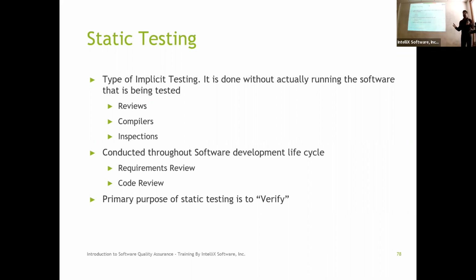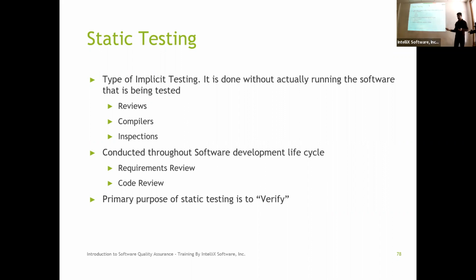The tool that checks whether you followed the rules or not is a compiler. You're not executing any code. You're just saying, here is the piece of code that I wrote. Does it follow the rules for this particular language or not? It doesn't say whether it's correct or wrong. All it says is, did it follow the rules or not? That's a compiler. That's a type of implicit or static testing.